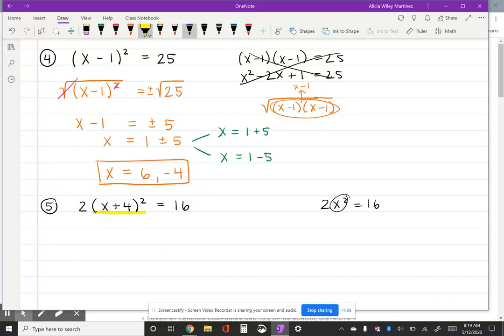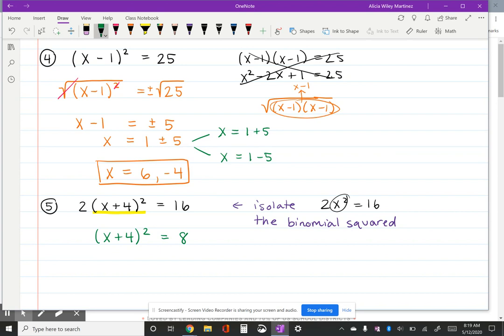So in this case, I'm going to isolate the binomial squared, and I'm going to do that by dividing both sides by 2. If I divide both sides by 2, I get (x plus 4) to the power of 2 equals 8.